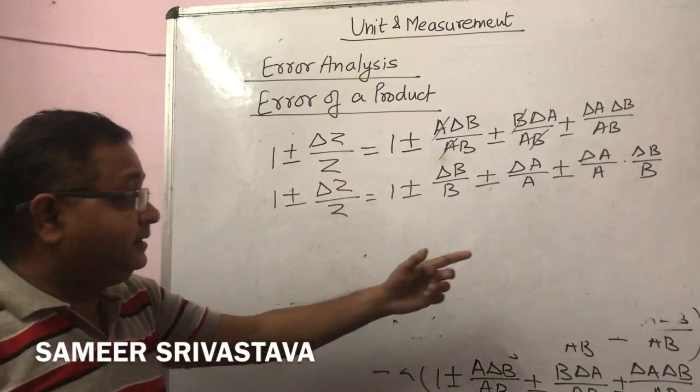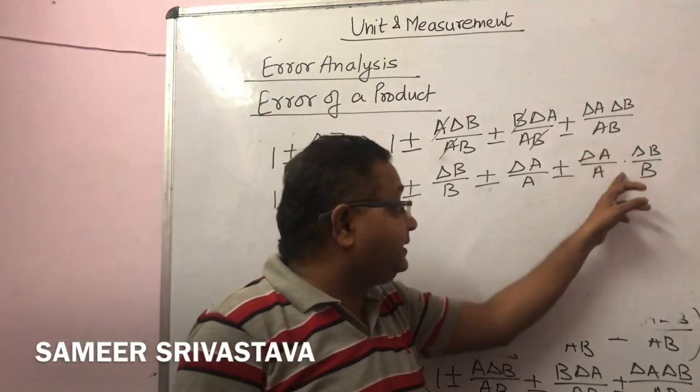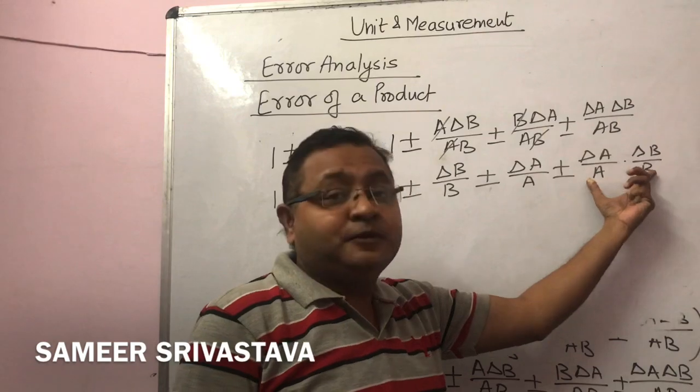Here, if delta A and delta B are very small values, then this term is also very small, so we neglect it from the equation.